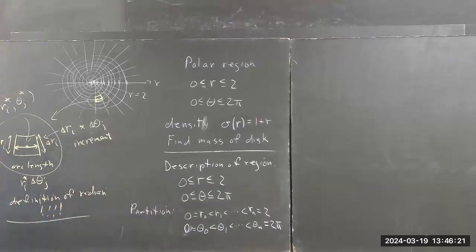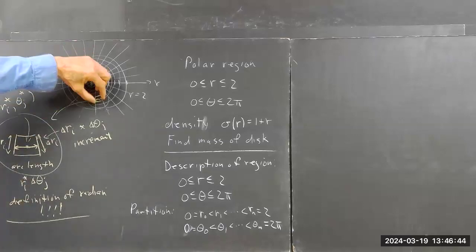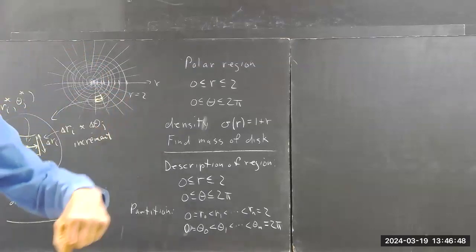Nobody ever remembers what the definition of a radian is. It's an angle such that the arc equals the radius, such that there are 2 pi of them around the circle. And for that reason, for any angular discrepancy here, your arc distance is equal to the angle times the radius.